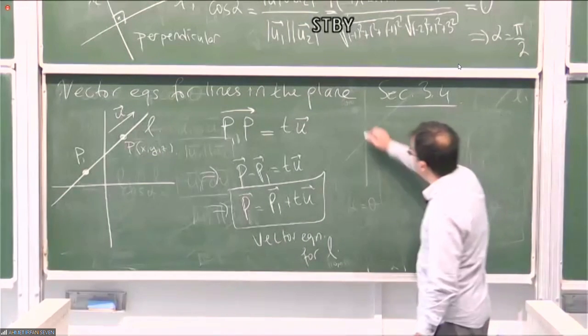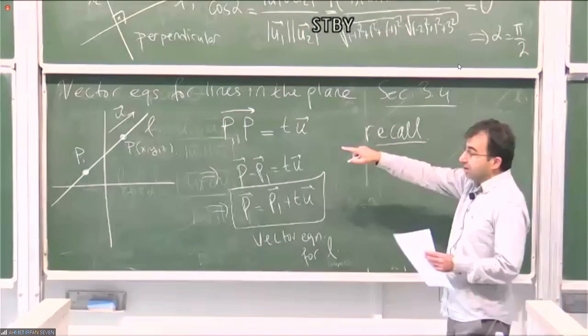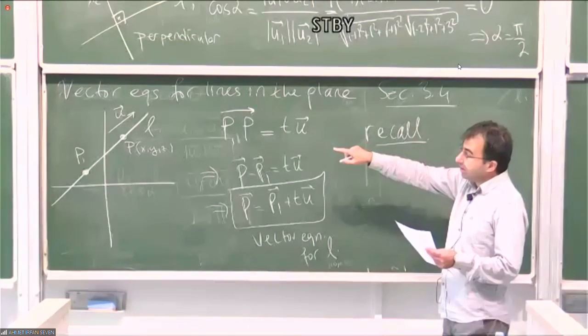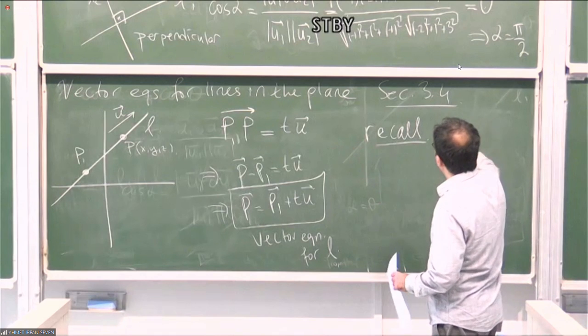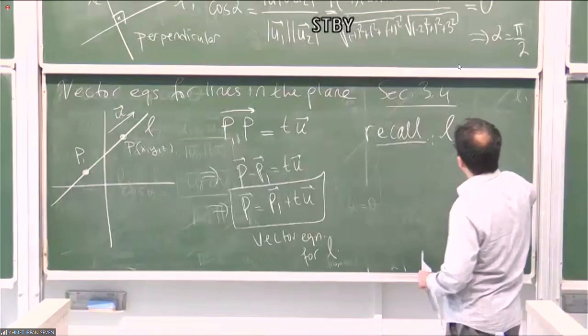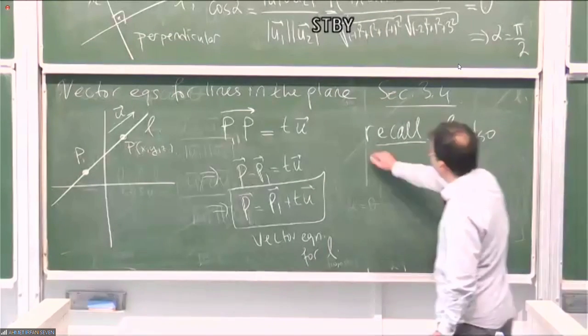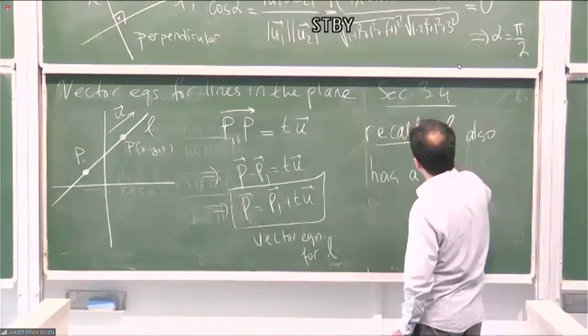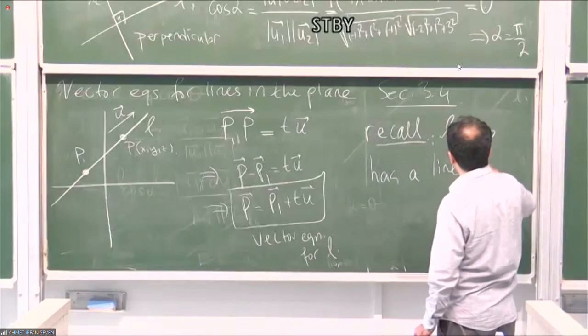The difference is the following. We also have another type of equation for lines in the plane. So this line L also has a linear, also called normal, equation.